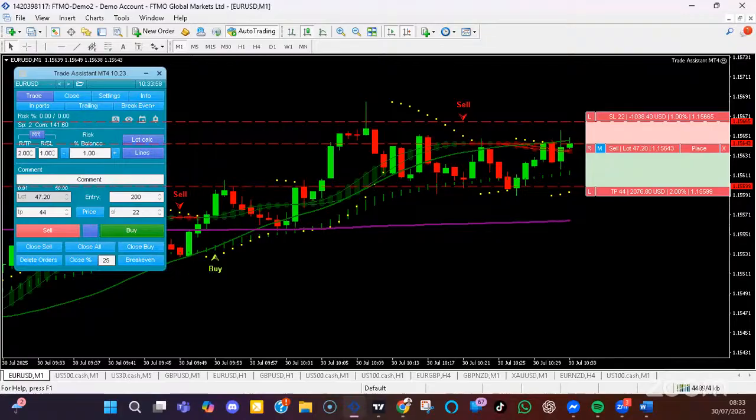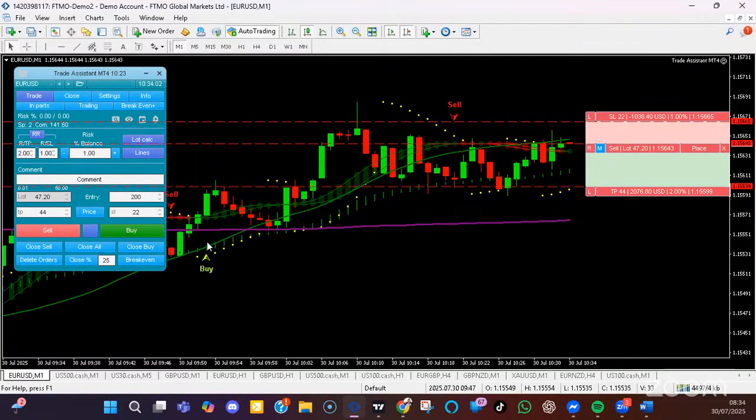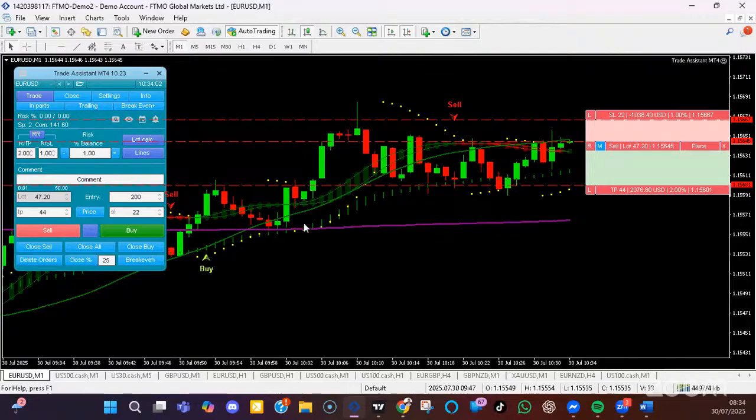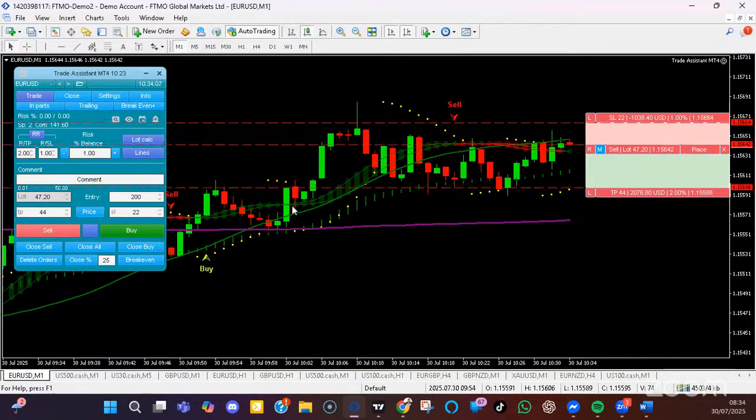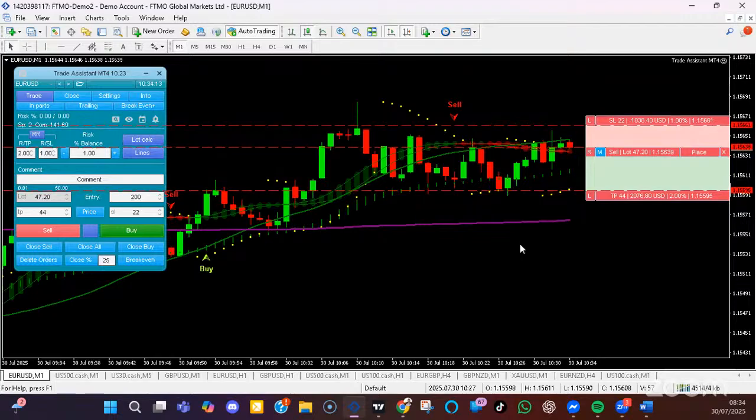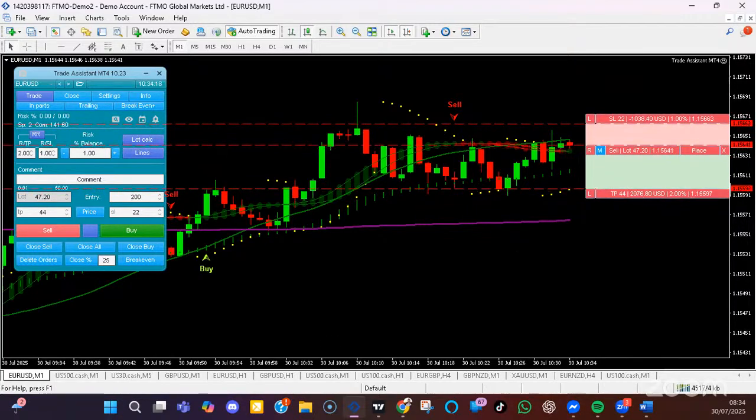And yet it may very well, like down here, this buy actually did work, but the probabilities weren't good. So I was quite happy to watch, which is what we did. Didn't lose any money.